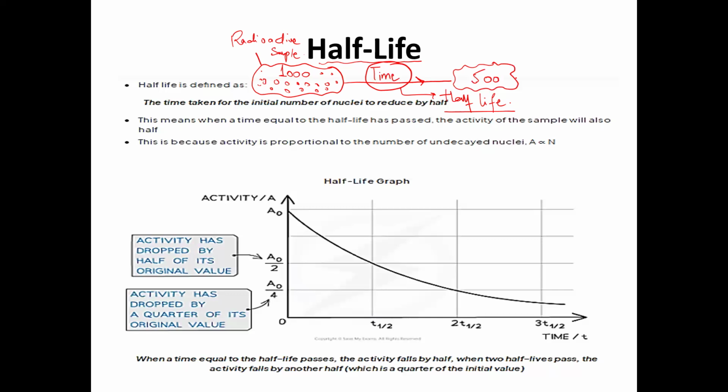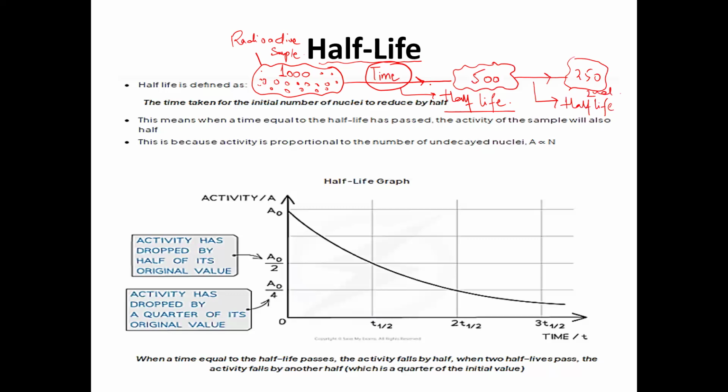Likewise, there will be some further time taken by 500 to reduce to 250. The time taken to reduce from 500 to 250 will be the same as the initial time. So we are going to call it the second half-life.